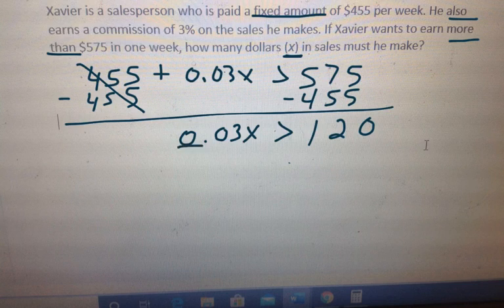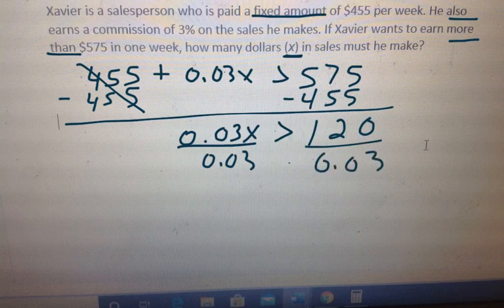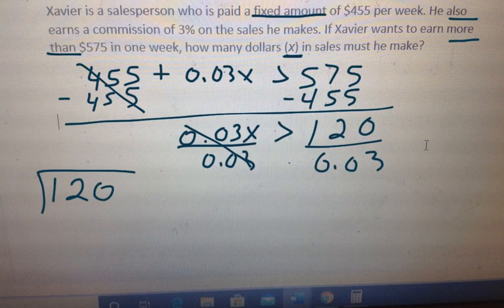Now we must divide by 0.03 on both sides. We have 120. This cancels out. 120 divided by 0.03.